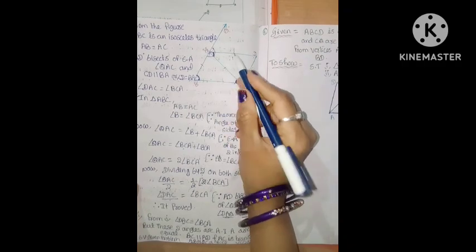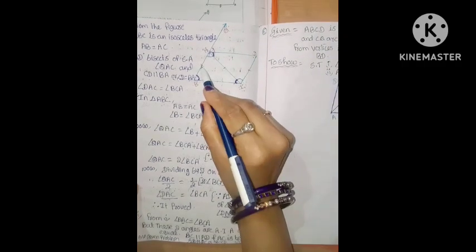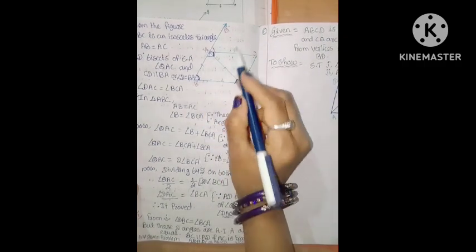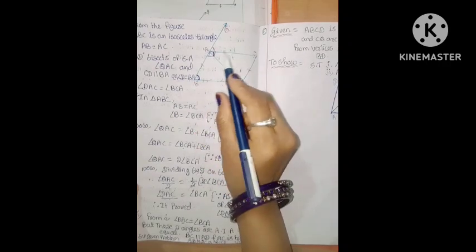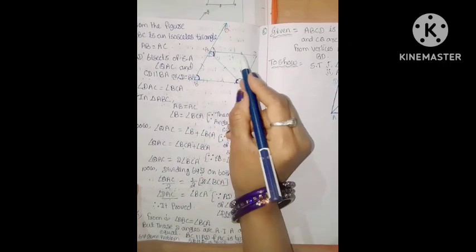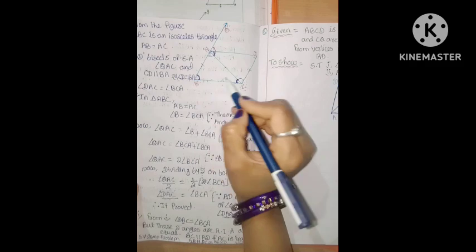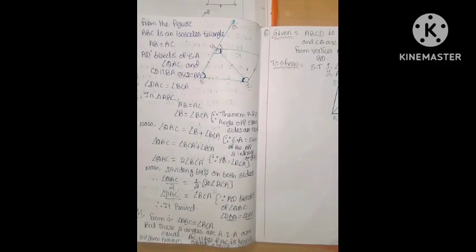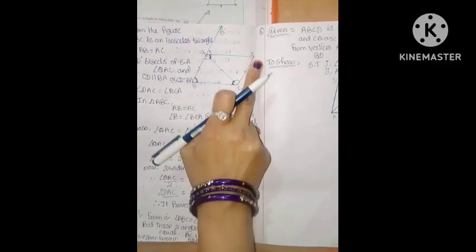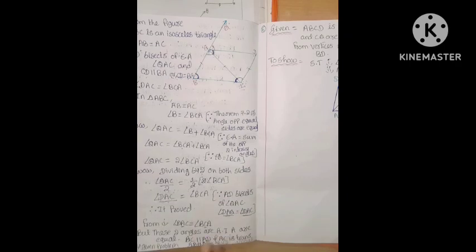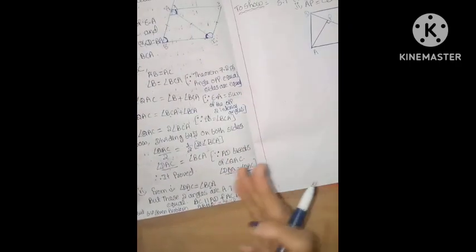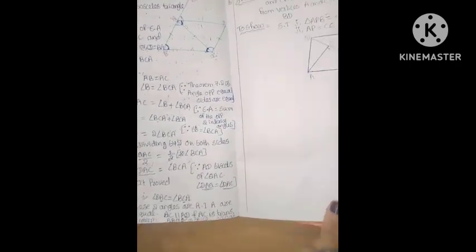Whenever two pairs of opposite sides are parallel, the figure is called a parallelogram. Then the figure is a parallelogram. ABCD, is it a parallelogram? Yes, it is a parallelogram. So hence it is proved only. Are you clear?